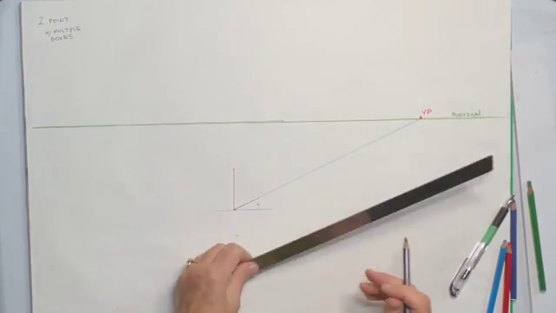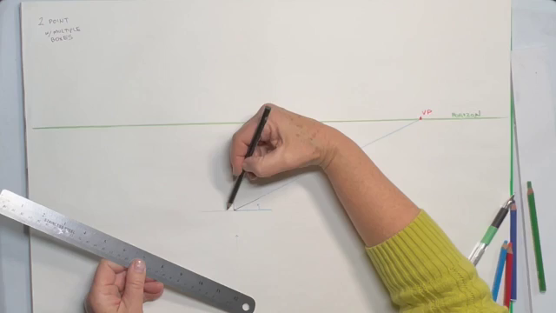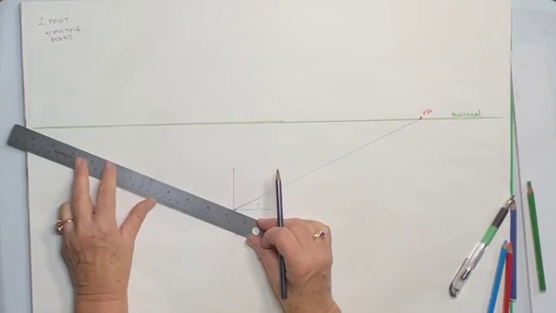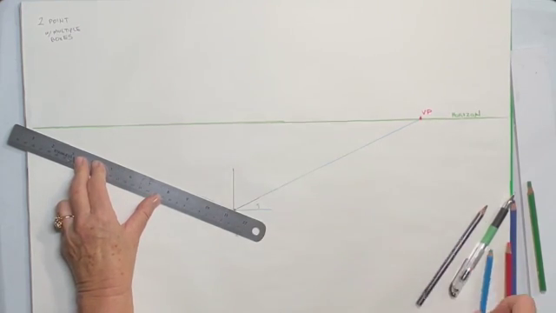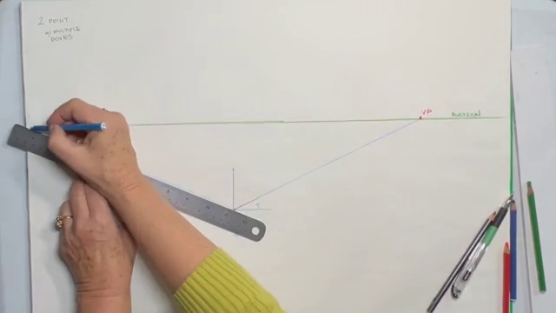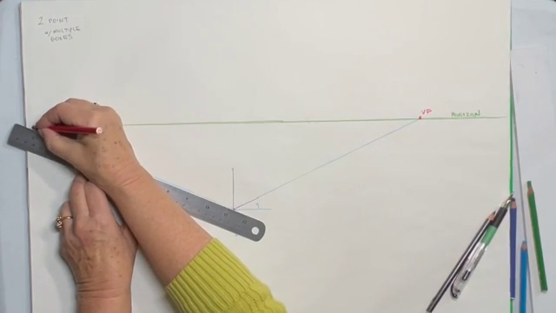Then we will estimate the other angle. Let's say this one goes off at about 20 degrees. That is going to go out to the opposite side of the horizon line to our vanishing point here.